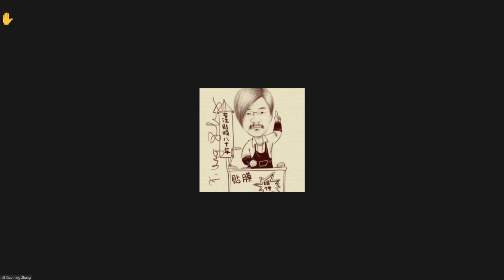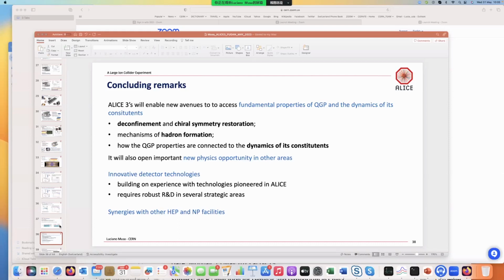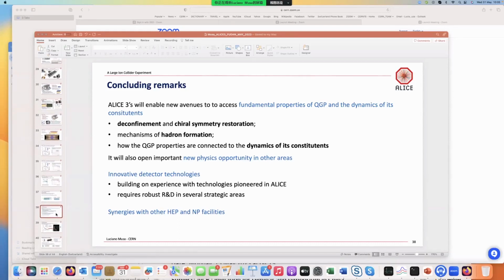Of course, they are very interesting. To do so, we also need a high precision of the electron PID, especially at low pT region. So I want to ask, with ALICE 3, how can we improve the electron PID, and what is the estimation of the performance of the electron PID in ALICE 3? Then I have a second question.